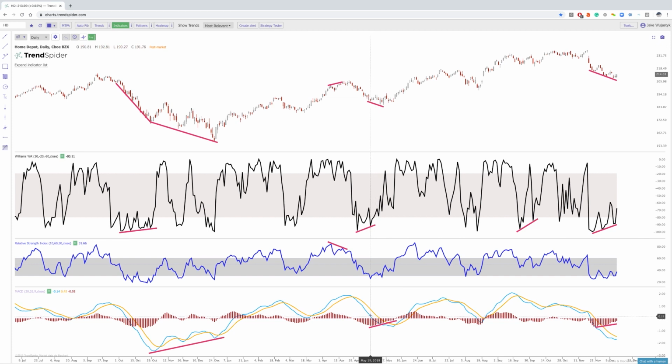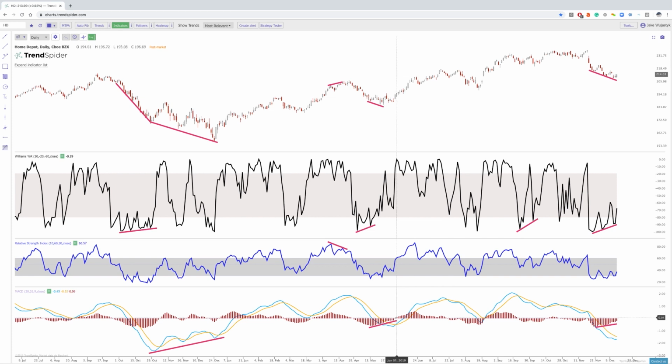And as the distance between the blue and the yellow gets closer or further apart, you'll see that the MACD histogram will get wider or start to move towards what's called the zero line. Now, the zero line is when the fast crosses the slow, and you can see the histogram then goes from negative to positive here through the zero line.